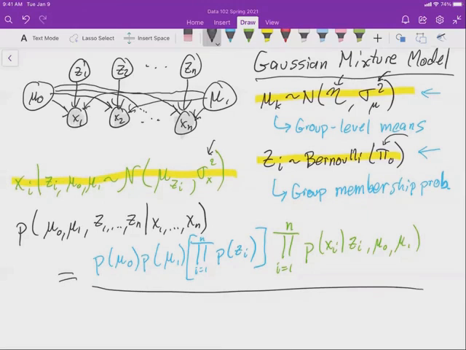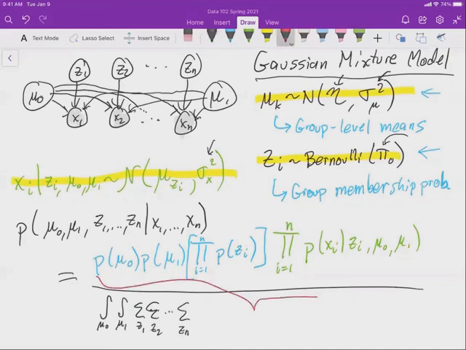So this is equal to the integral over all values of mu0, the integral over all values of mu1, the sum over all values of z1, the sum over all values of z2, and so on, the sum over all values of zn, times this whole thing up here. This is how we typically write it out.